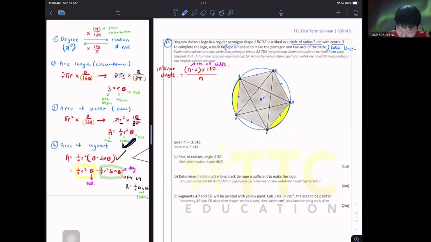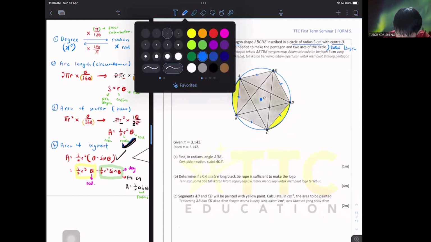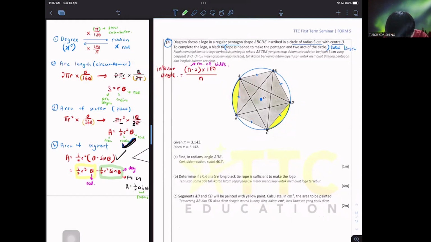Let's see where's the line first. All these five, one, two, three, 4, 5, and 2 arcs of a circle.